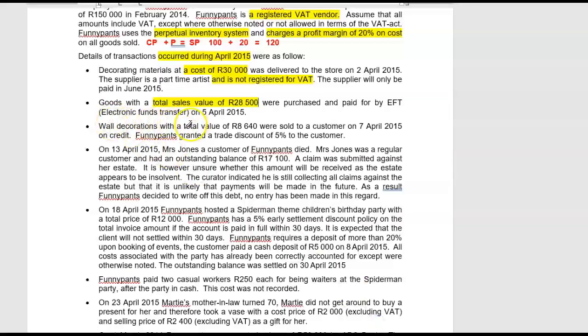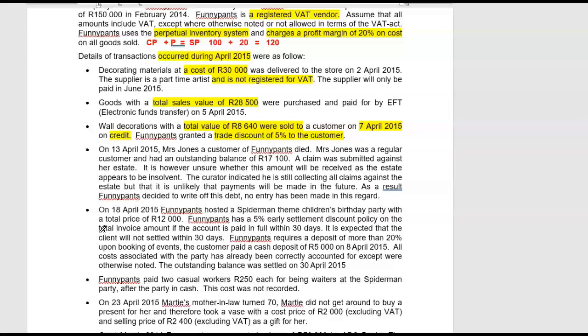Wall decorations with a total value of 8,640 was sold to the customer on 7 April on credit. Funny Pants granted a trade discount of 5% to the customer. Now, there are two things that are important. The first one that you should know is that with trade discounts, you negotiate a price with a supplier.